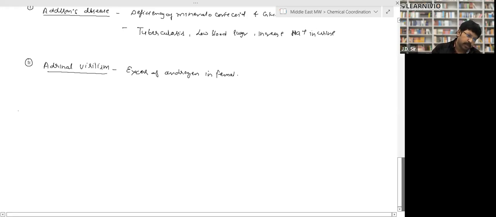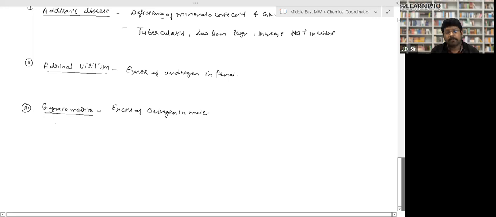The last disorder that you need to know, which has been asked many times, is gynecomastia. Gynecomastia is due to excess of estrogen in male.